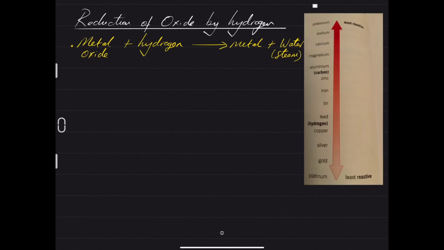So the word equation for the example of tungsten: let's put this in a different color.